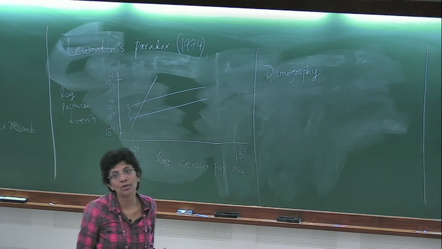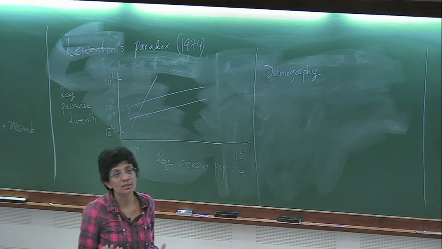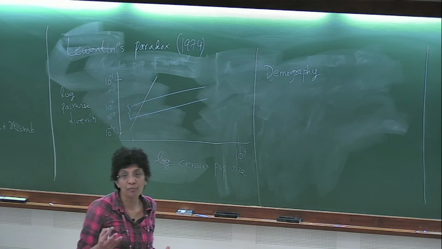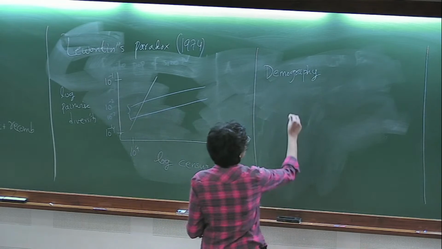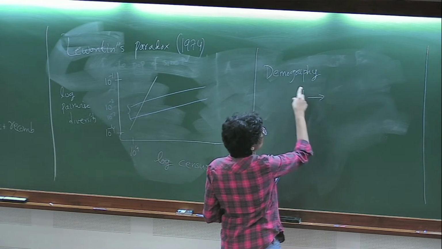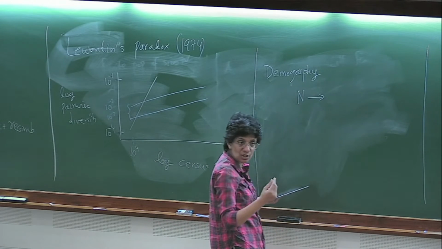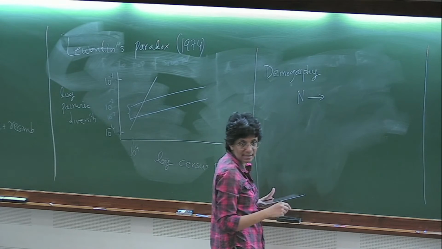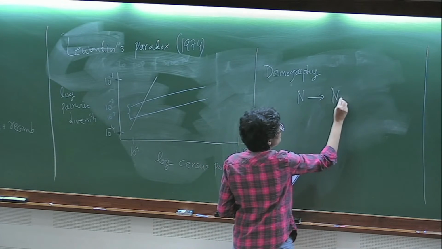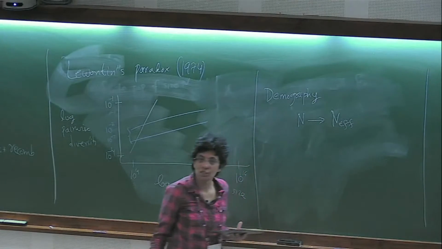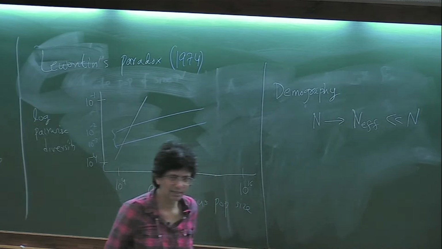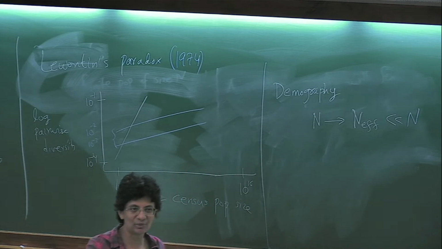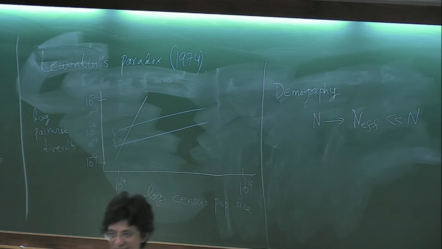I'm not going to go into the math, but it turns out that with demography, effective population size can decrease substantially. Because of these contractions and expansions, n should be replaced by some kind of effective population size, which is typically much, much smaller than n. Yesterday I told you that N effective is about 10,000 for humans.